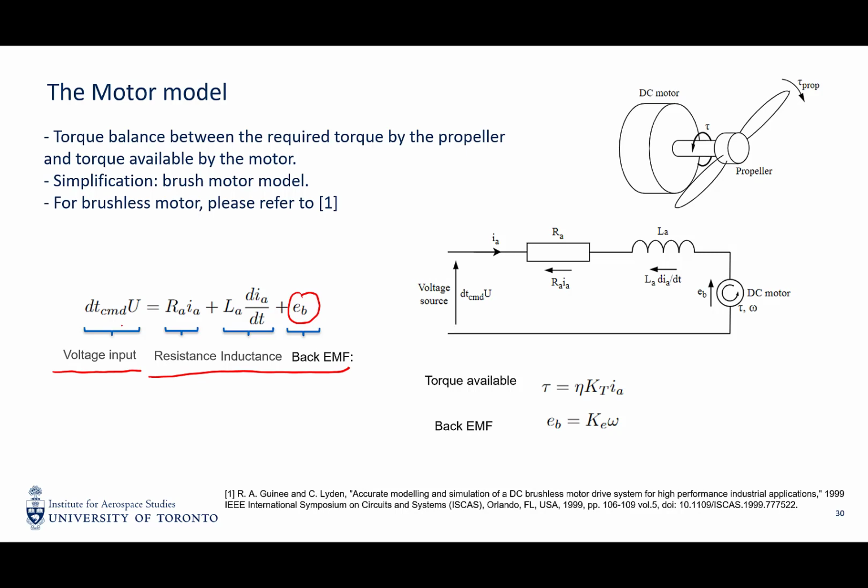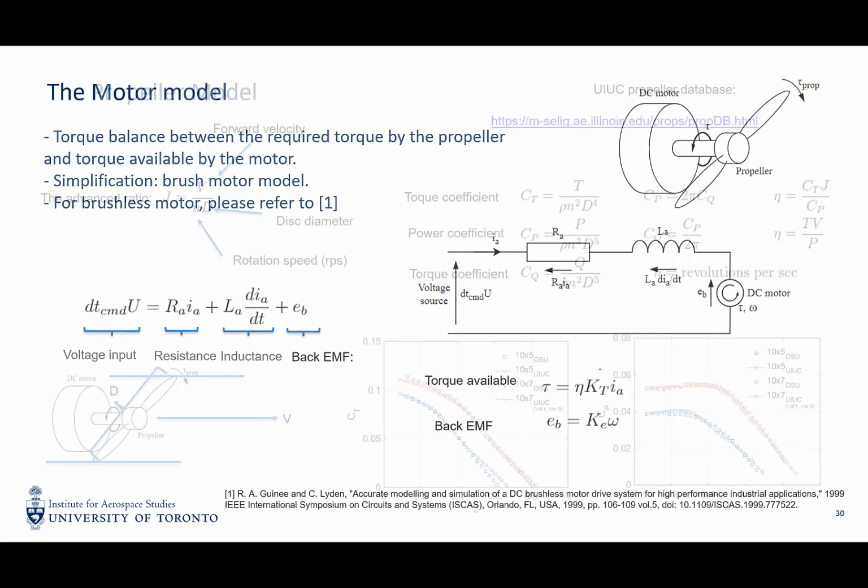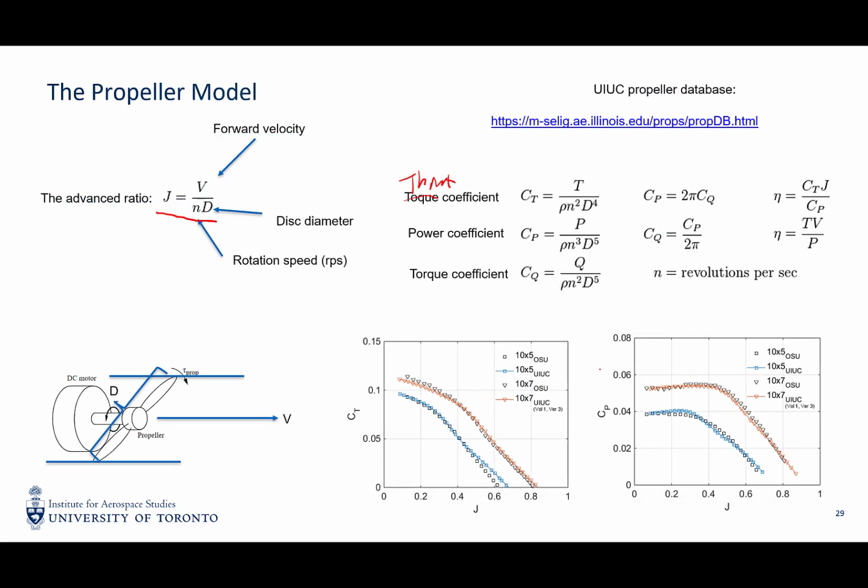So if the rotation speed is very high, it will actually reduce the effective voltage. And because of resistance, you will still have some current here. The torque available is a function of the current. So if the motor spins faster, the lower torque you will have. And since the torque decreases and the drag on the propeller increases, you will reach a balance at some rotating speed. So by using this chart from the UIUC database, you can do a lookup table and get the steady state thrust and also torque on the propeller.